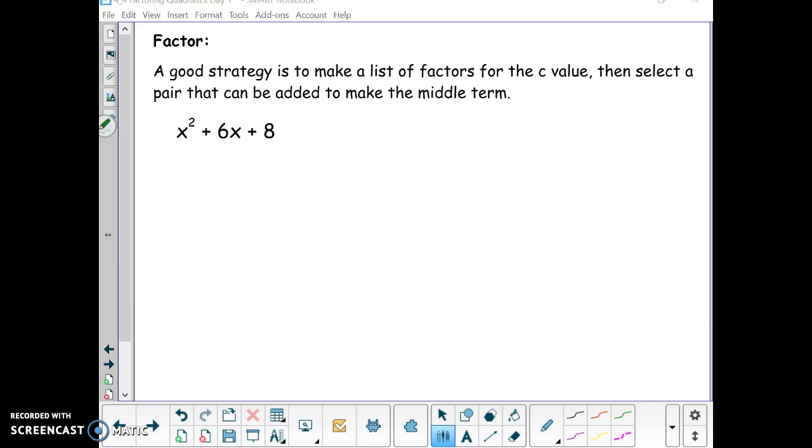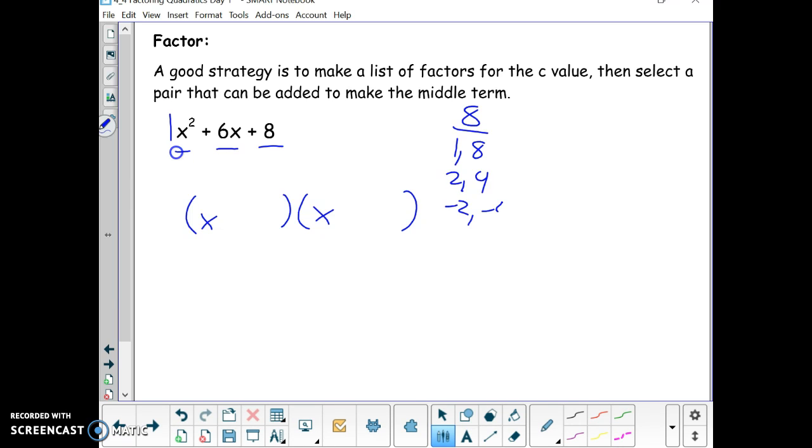Okay, so here's our first factoring problem. This is a case where you have a trinomial, 3 terms, and we're going to break it into 2 little binomials. On these factoring questions, when it's a 1x squared like this, the first part is just x and x, because if we were multiplying, that would get us that x squared. The rest of it is we need 2 numbers that multiply to that 8. If you're struggling, you can make a list of things that multiply to 8.